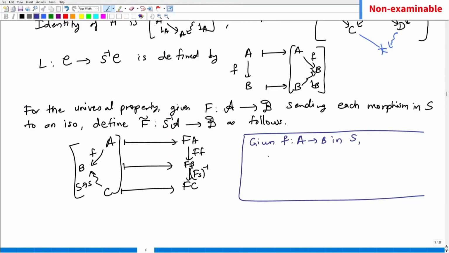Yes, correct. So the image of f in S inverse A is this equivalence class. B to B via 1B and A to B via A, this is F, and then 1B. This equivalence class. Yeah, its inverse is, you tell me.